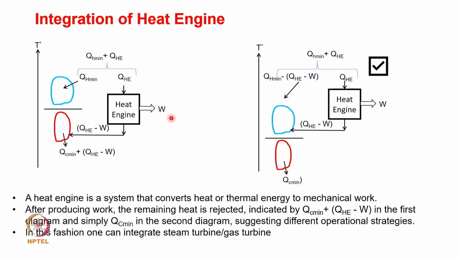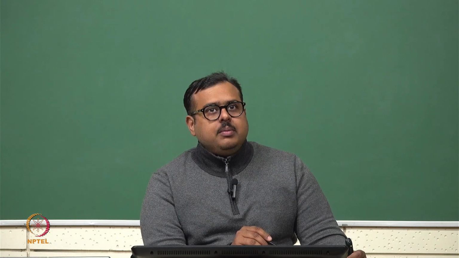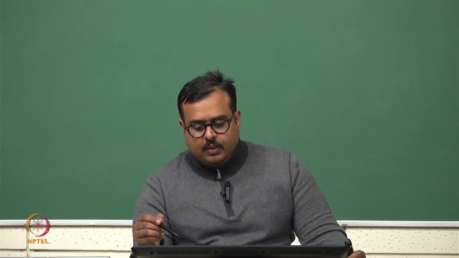Of course, it produces useful work here, which may be used for anything else, maybe for power generation and so on and so forth. The remaining heat would be rejected back to the streams below the pinch. This is definitely not recommended, because heat is being supplied below the pinch, which essentially means that we are trying to heat the cold stream, and that would actually hamper the heat recovery from the hot stream in a natural fashion.